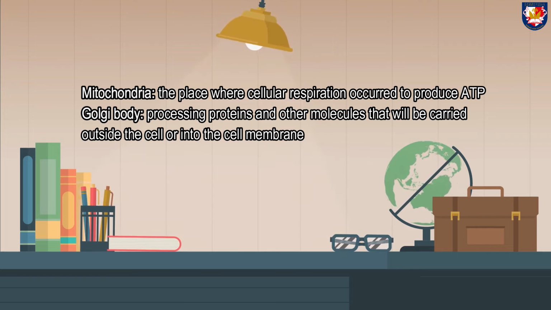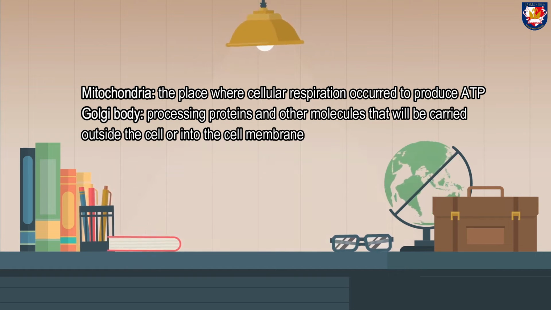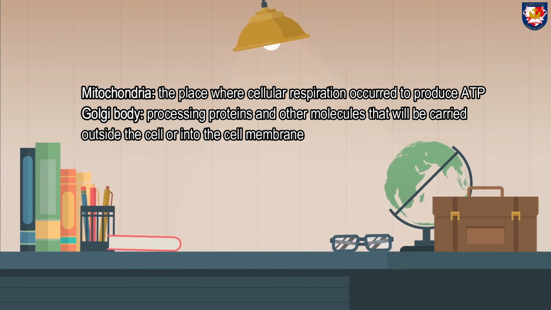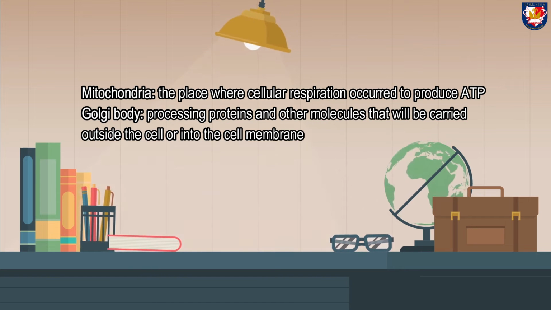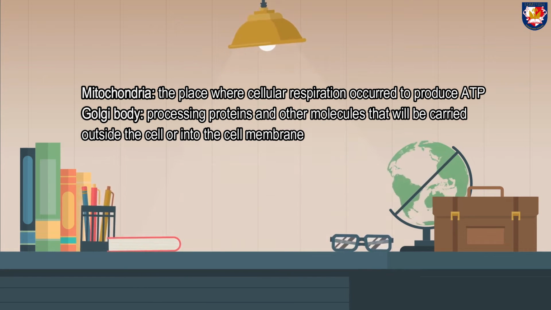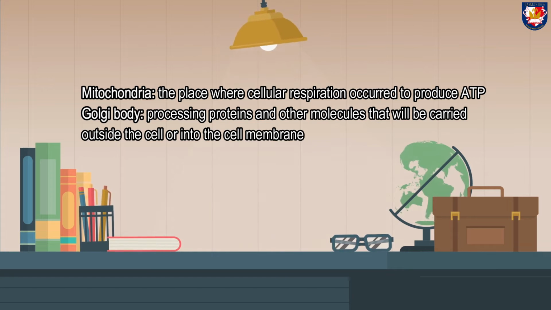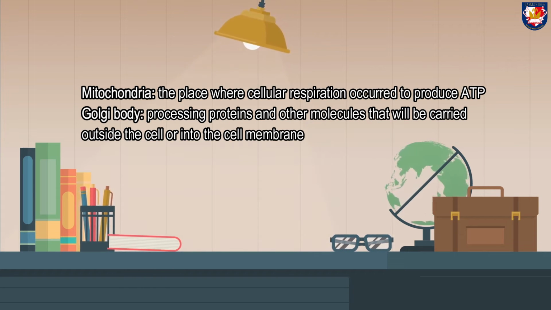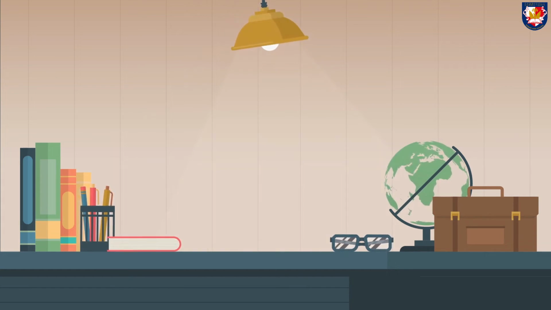Mitochondria is the place where cellular respiration occurs to produce ATP. Golgi body processes the proteins and other molecules that will be carried outside the cells or into the cell membrane.